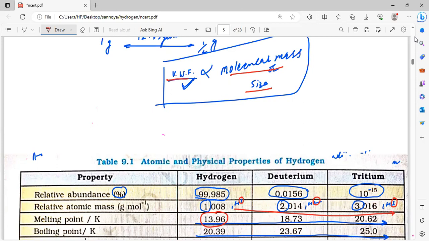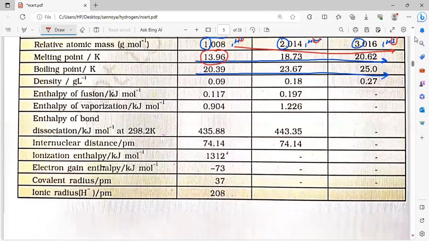Okay. So this melting point and boiling point is clear now? Yes. Okay. Now the density. Obviously, if the mass is less, its density will also be less. 0.09, 0.18, 0.27. Next one, enthalpy of fusion.